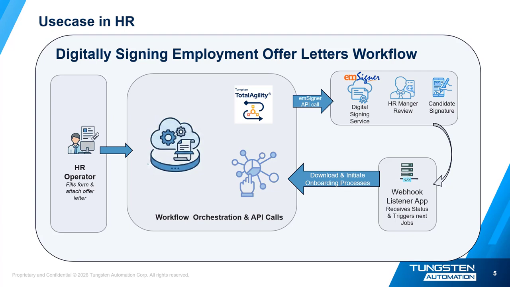It will be created as an emSigner envelope that will first be reviewed or signed by the HR manager, and once approved, it will be automatically sent to the candidate for digital signature. Once the candidate signs the offer letter via the emSigner portal, a listener application will automatically download the signed document and will trigger further onboarding processes for various departments like IT provisioning, etc.